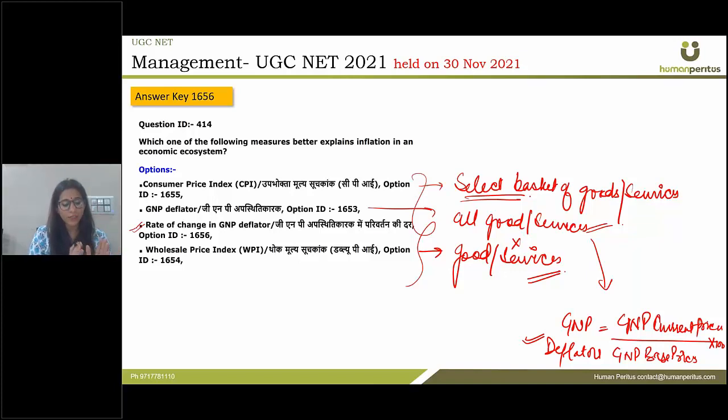If we take the rate of change in GNP deflator, it takes different GNP deflators into consideration and then tries to explain the inflation in the economic system. So this is the best among all the options given. The correct answer would be 1656.